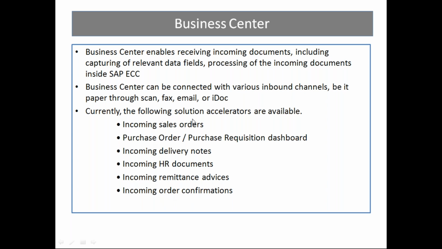For each of these we have a respective solution accelerator. For example, for invoices we have the invoice solution accelerator. Similarly, we have different solution accelerators for processing different kinds of documents.